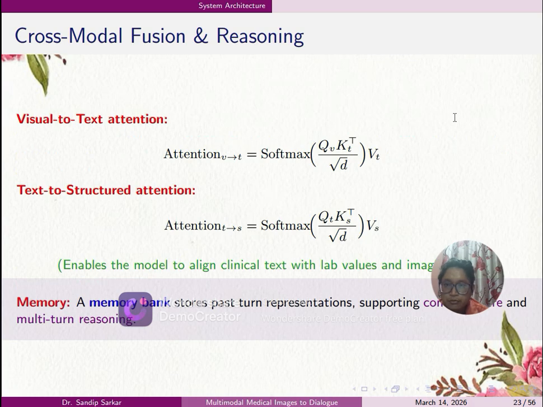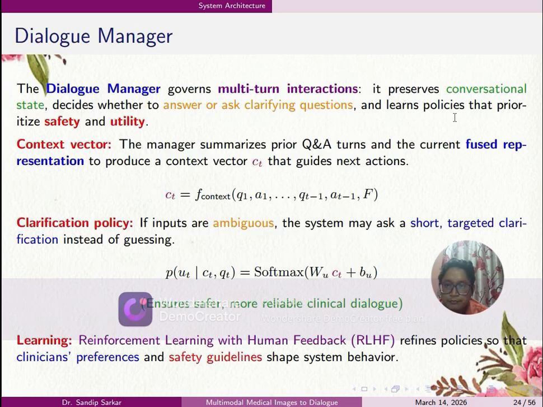What are the equations for text and text to structure and selection? One is dialogue management.